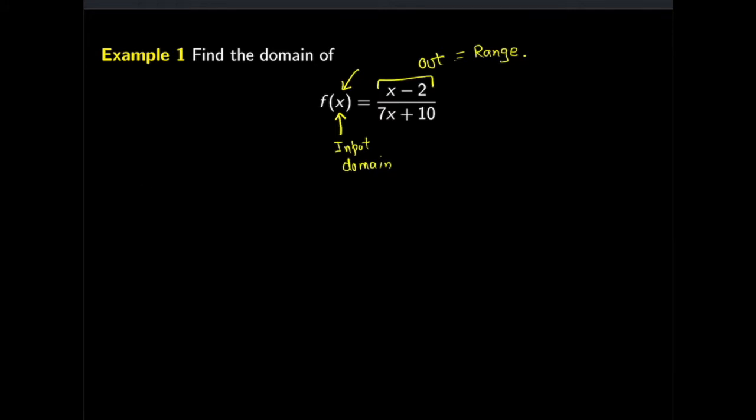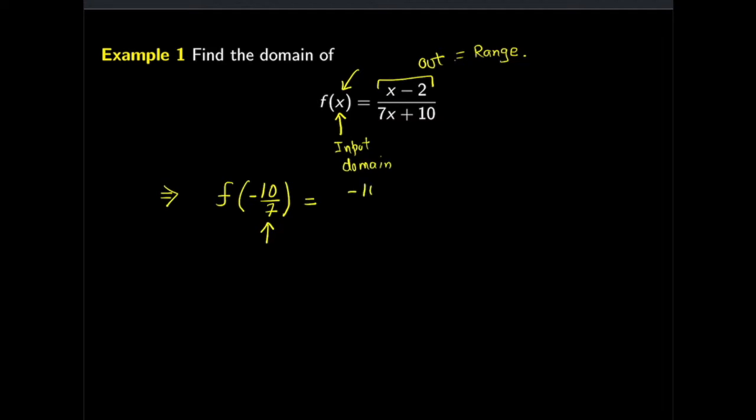But there is one real number which is a problem, and that is negative 10 over 7. This is a special real number, which is a great problem for us, as you will see in a minute.